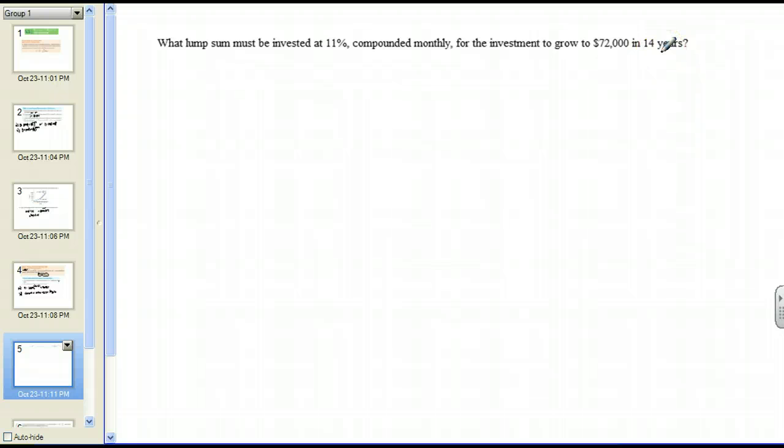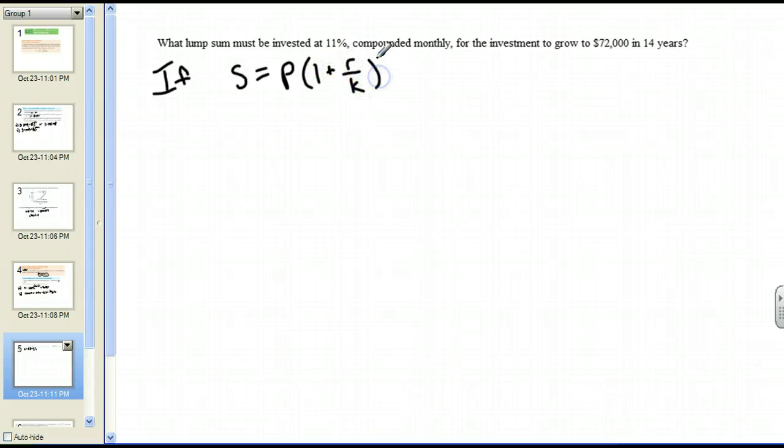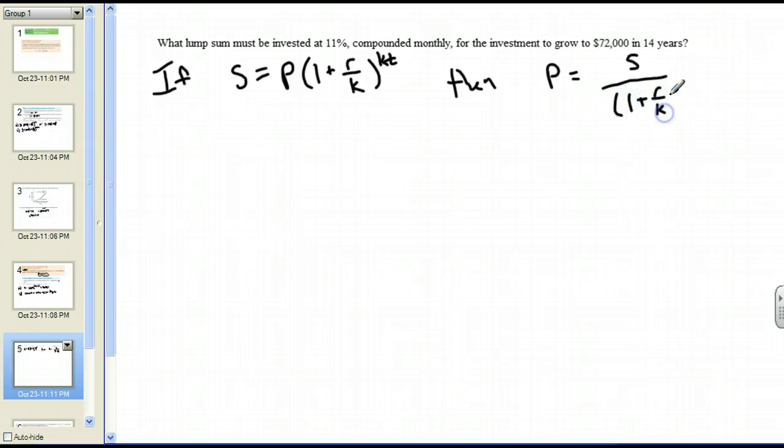So let's think about this for a second. If S equals P times (1 plus r over k) to the kt, then it follows that P is equal to S divided by all that stuff, (1 plus r over k) to the kt.